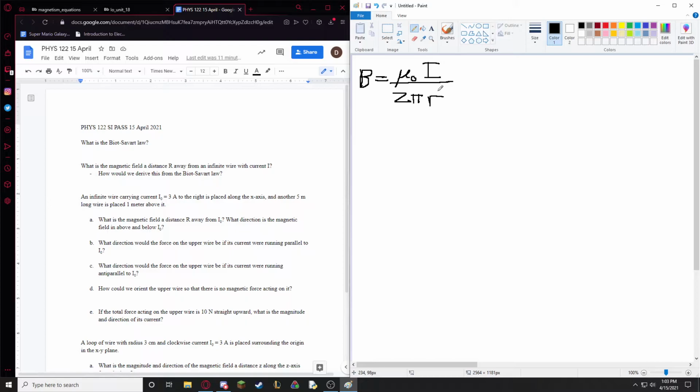We're assuming mu naught is the constant. I is generally a current, right? So what is the current and what is this magnetic field?